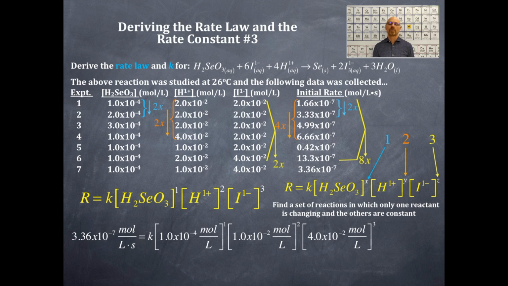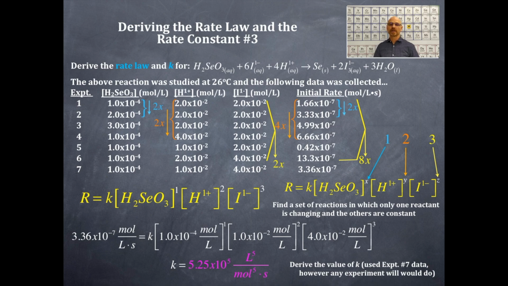So I'm going to rearrange all this, solve for the value of K, solve for the units of K, and here's what I get. 5.25 times 10 to the 5 liters to the power of 5 divided by moles to the power of 5 seconds.